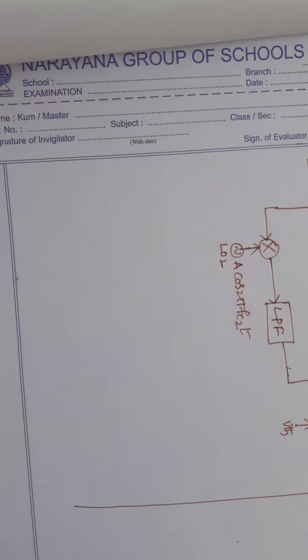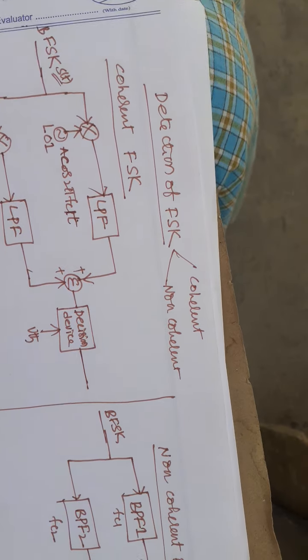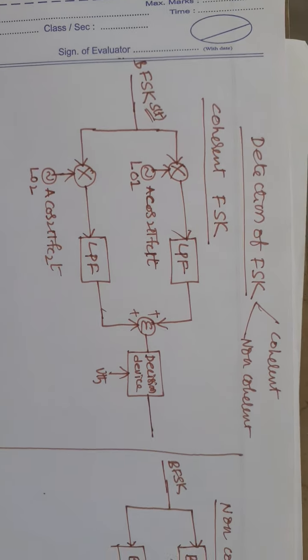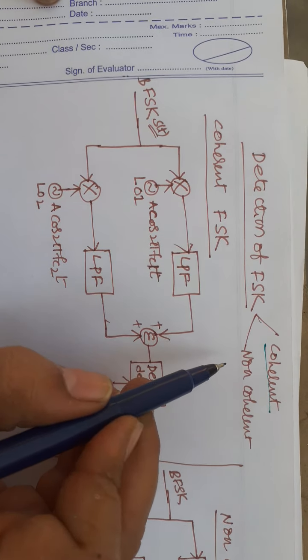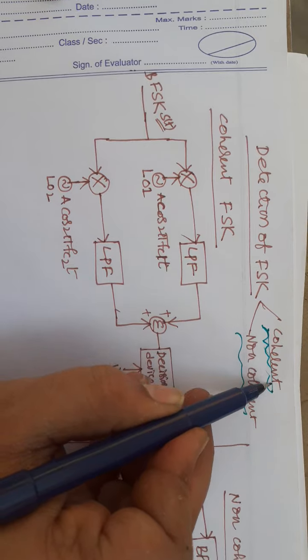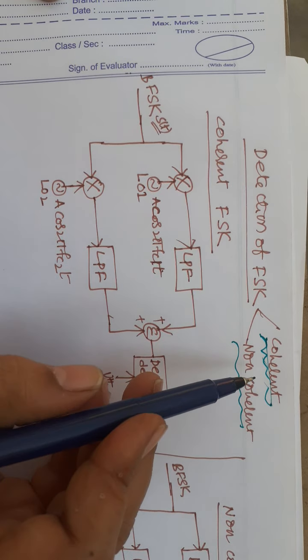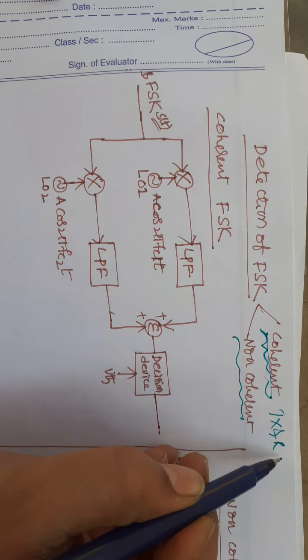Next, I am going to discuss the detection of BFSK. The detection of BFSK consists of two methods. One is coherent BFSK, another one is non-coherent BFSK. Already we discussed the meaning of coherent. Coherent means synchronization between transmitter and receiver.